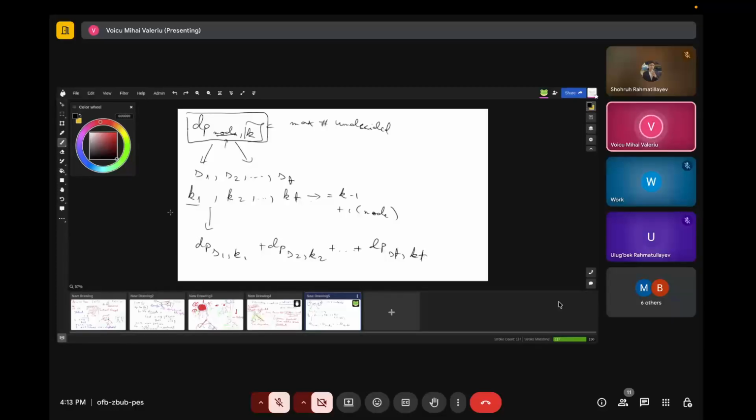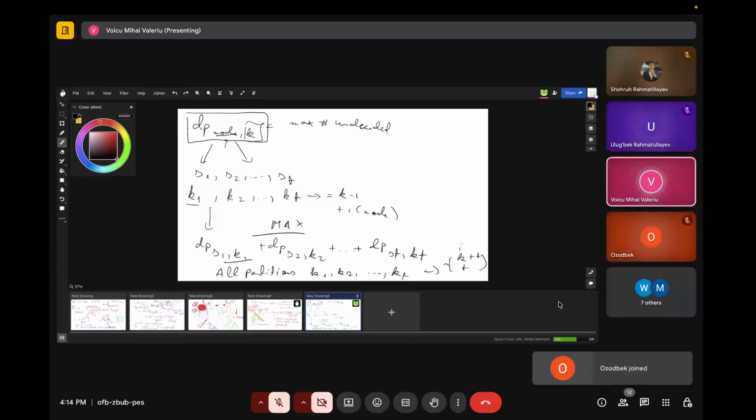And we have to take the maximum of this over all partitions K1, K2, ..., KT, which I've told you is technically speaking around K plus T choose T, which is exponential, which is bad, obviously.